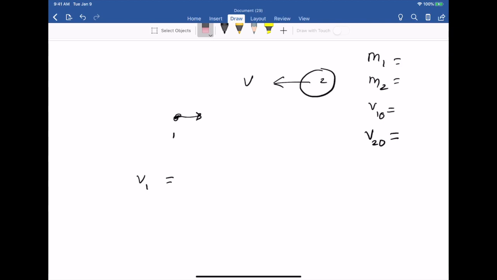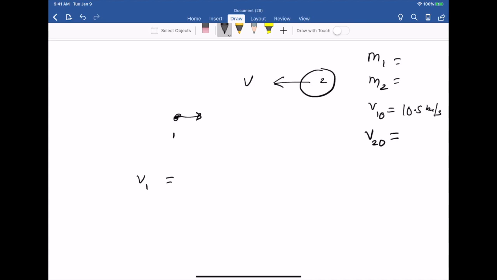What do we know about the velocities? v10 is the velocity of the probe before the collision. It's given that that is 10.5 kilometers per second.